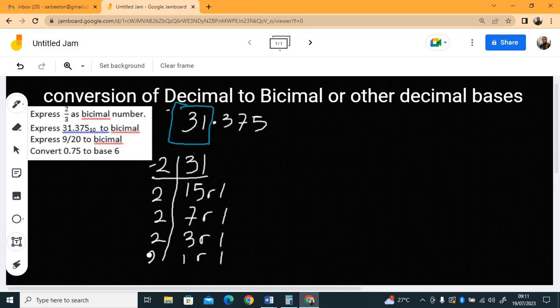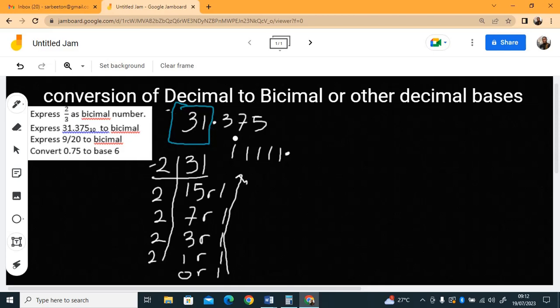And 2 in 1, 0. Remainder 1. So this is what you have. It means for 31 you have 1 1 1 1 1 when you convert it to binary. So put point. It means you have satisfied the rule for this 31.